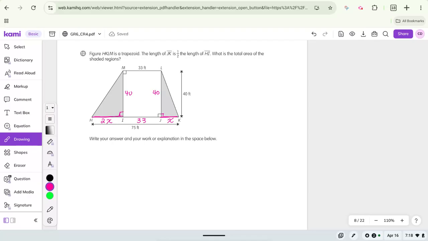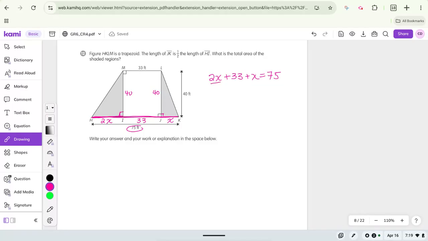And furthermore, if you add these three sections, the entire base of the trapezoid is 75 feet. So if you add 2x plus 33 plus x, you're going to get 75. I'm going to use that to solve for x so that I'll know the bases of my triangles.